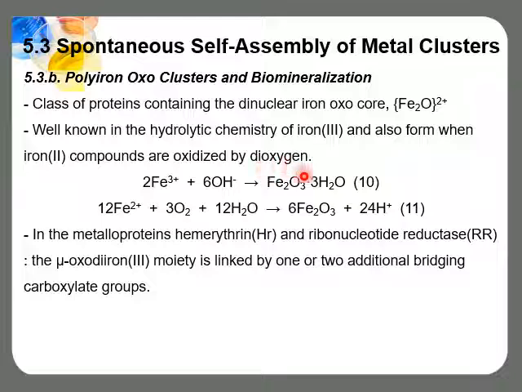This iron oxide is not the iron oxo core. This is a kind of solid state material in which iron and oxygens are linked in a three-dimensional way. And some iron 2+ are also oxidized in the presence of water to give iron oxide.